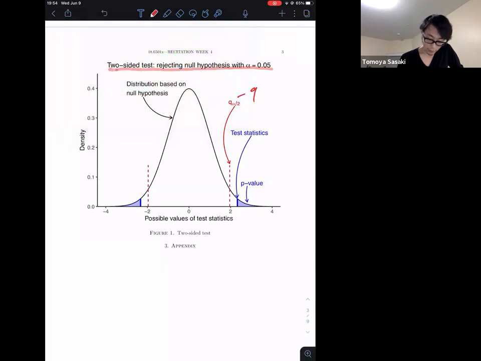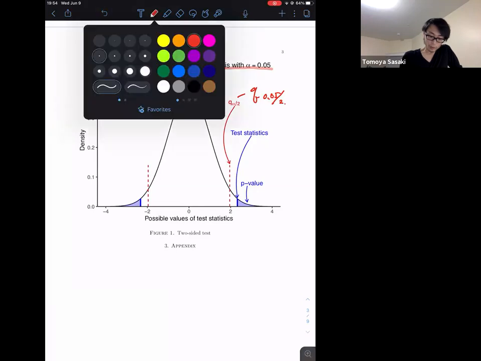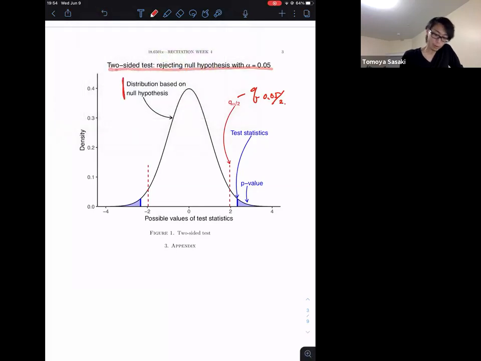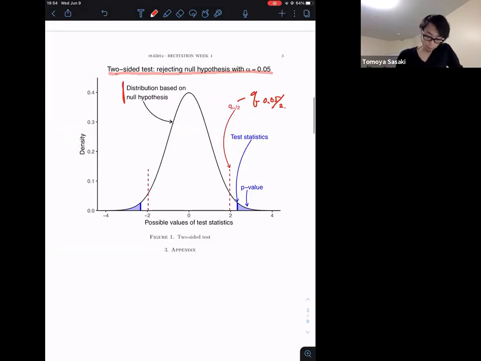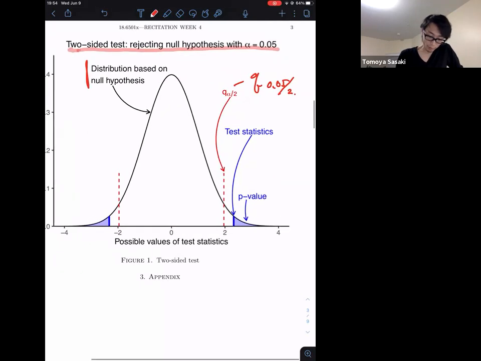So actually this is quantile 0.05 over 2, right? And again, what we're doing is we have a distribution based on the null hypothesis. Again, what I want to emphasize here is that this test statistic comes from data, right?